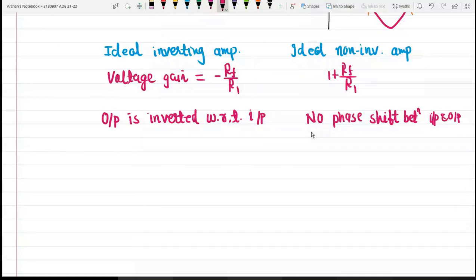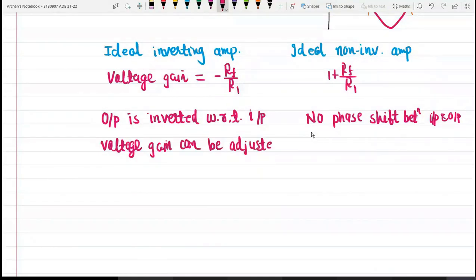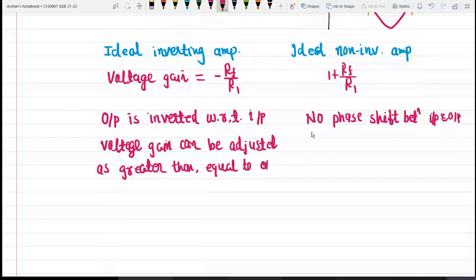If I talk about the voltage gain, this is most important. Voltage gain can be adjusted as greater than, equal to, or less than 1.